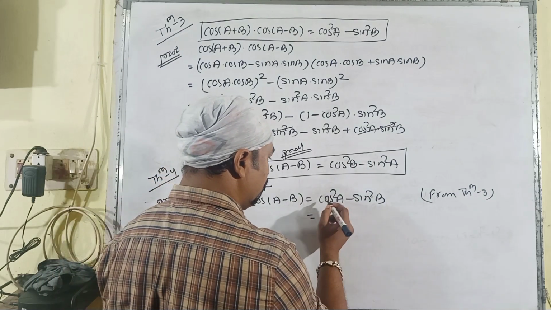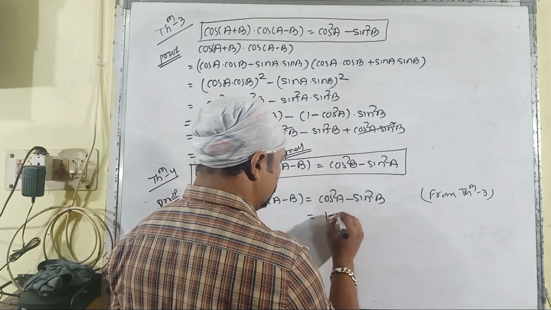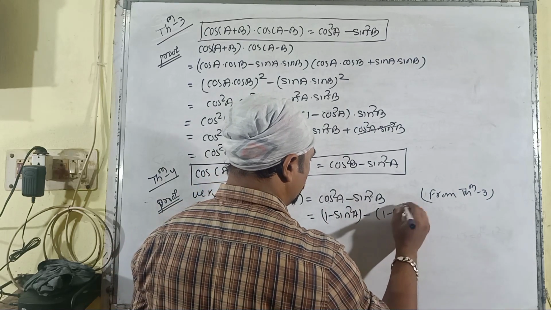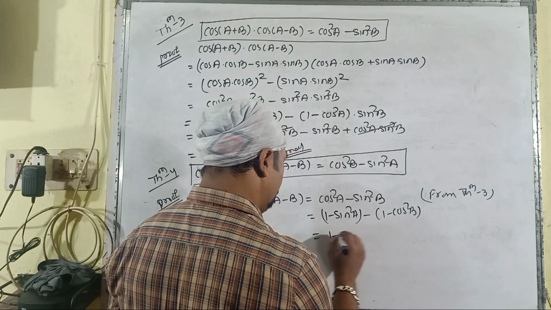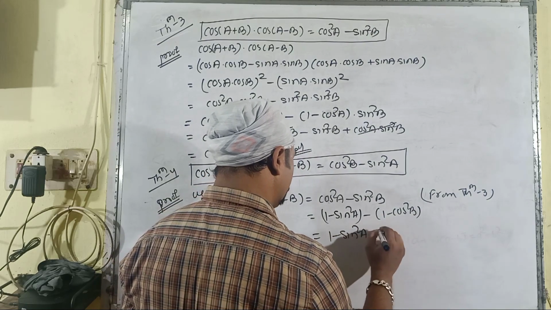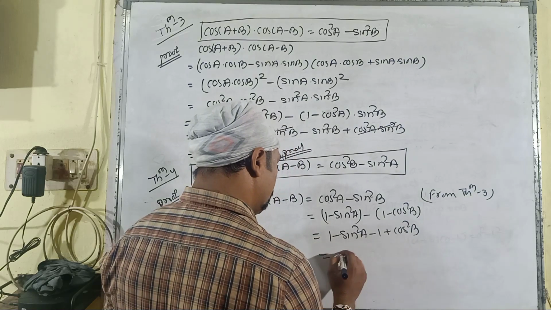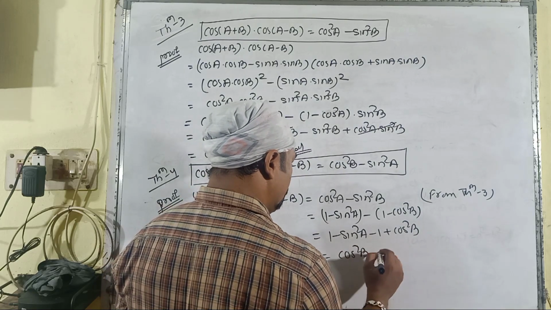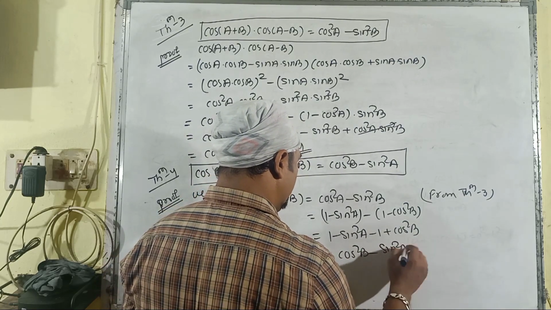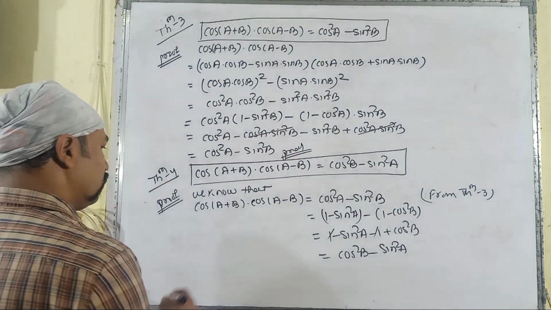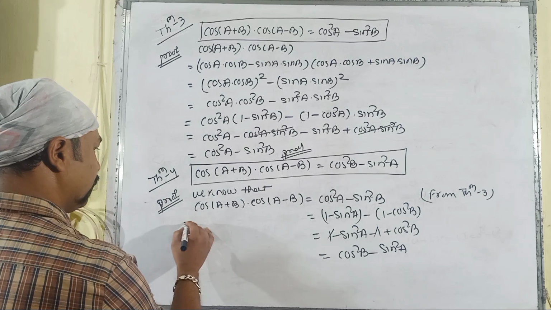So by applying the trigonometric identities here, 1 minus sin square A minus 1 minus cos square B, then simplifying the above step, 1 minus sin square A minus 1 plus cos square B, then it will be cos square B minus sin square A, cancelling both plus 1 and minus 1. So this is the required answer.